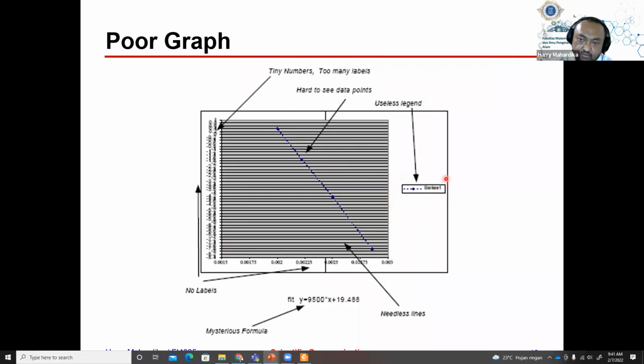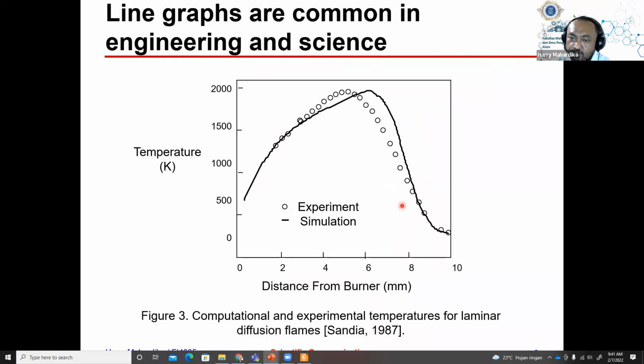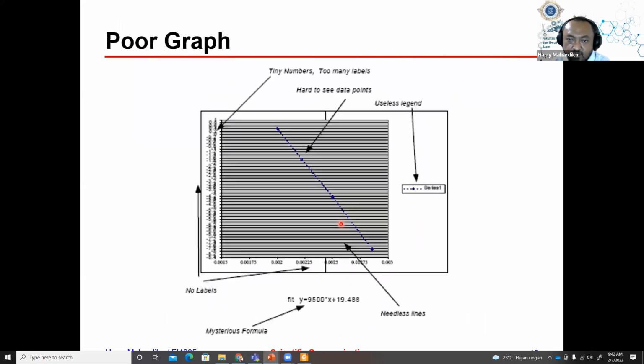Unless we produce a graph which shows a comparison between 2 data, 3 data, 4 data, and so on, then we need the legend. An example is given here, where a blank circle shows data collected from experiments, whereas the solid line shows data from simulation. For this case, since it's only single-variable data, we don't need any legend at all.